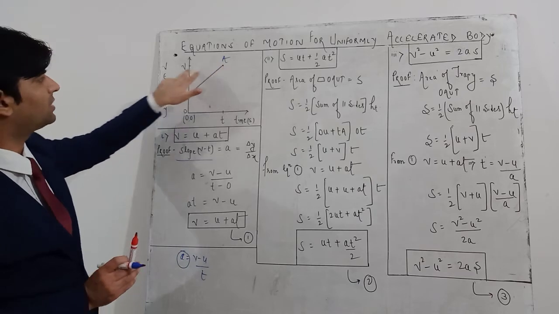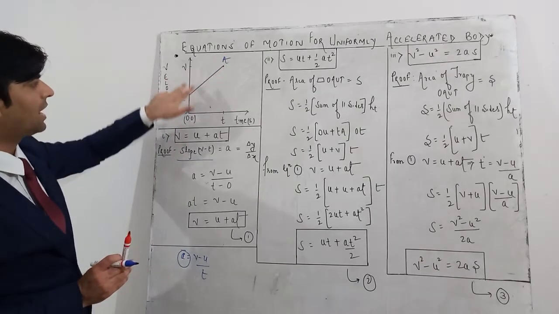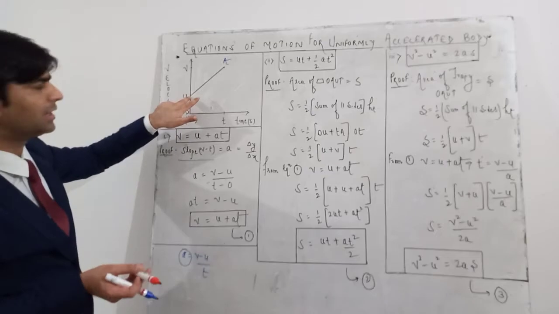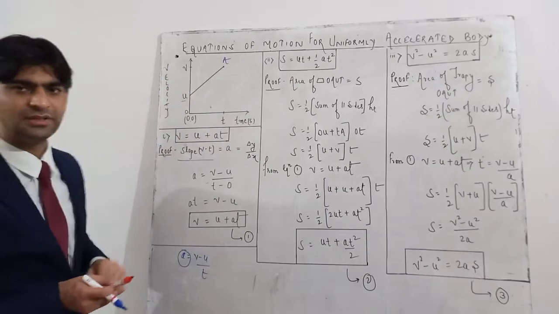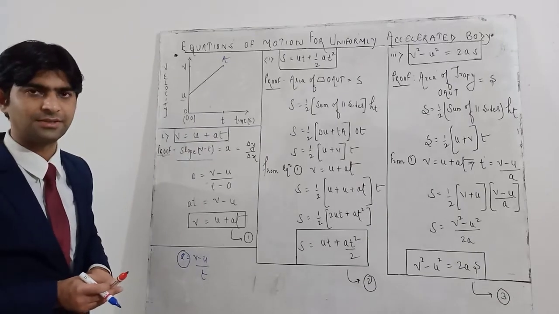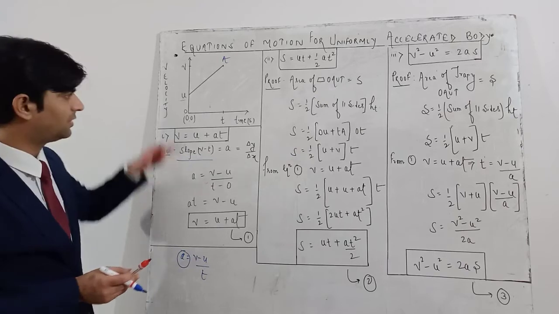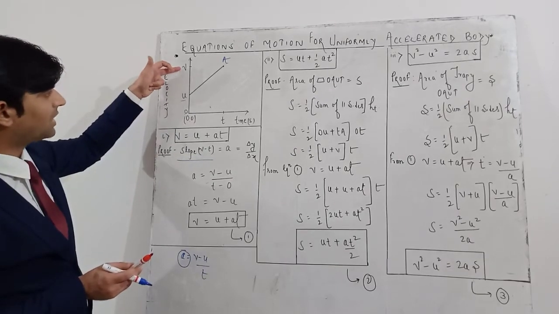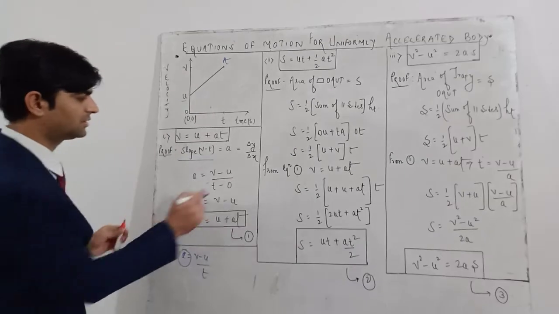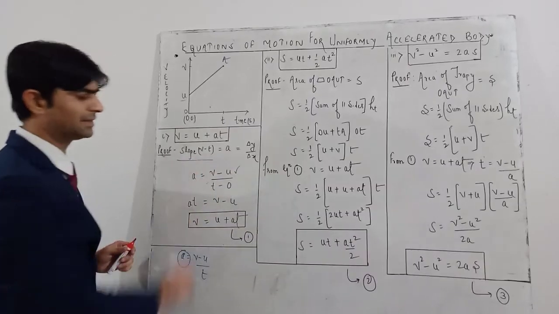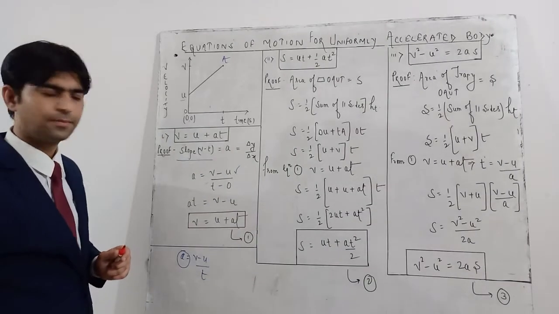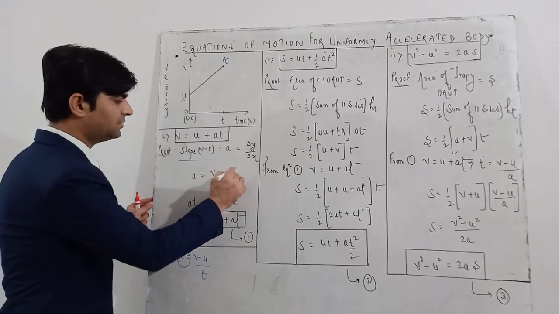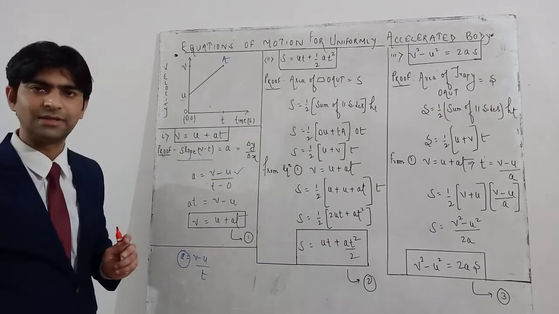Corresponding to point A, what is written here? V, and corresponding to U, it is U only. So V minus U is the change in y-axis. The velocity is changing from U to V, so final minus initial. So this is the change in y-axis, V minus U.